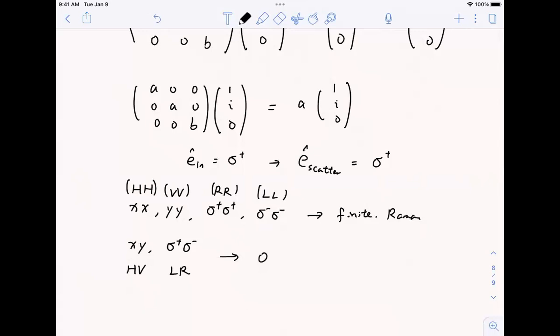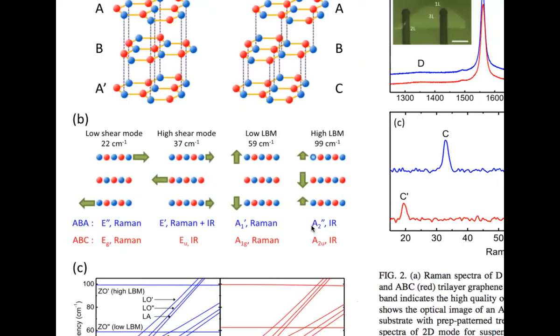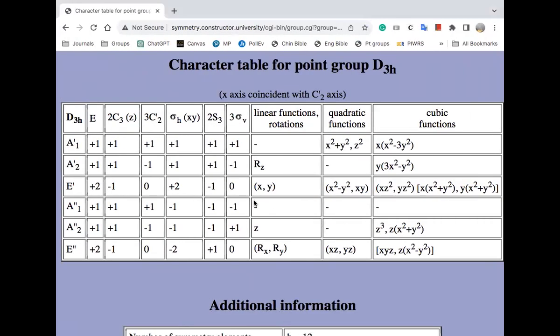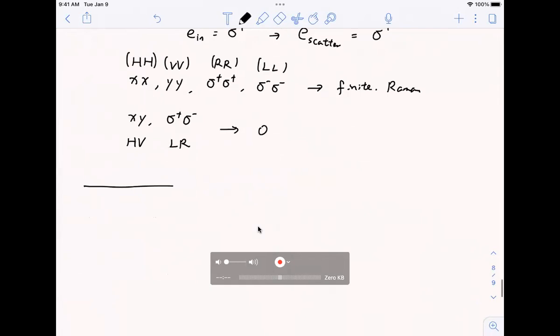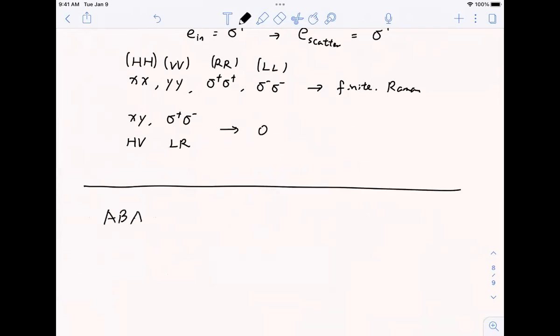So now let's go to the last one, A2 double prime. A2 double prime is this one, and you can see there's no tensor element here. It's only Z, so this is infrared active and not Raman active. So ABA, higher breathing mode, is A2 double prime, and it is Raman inactive.